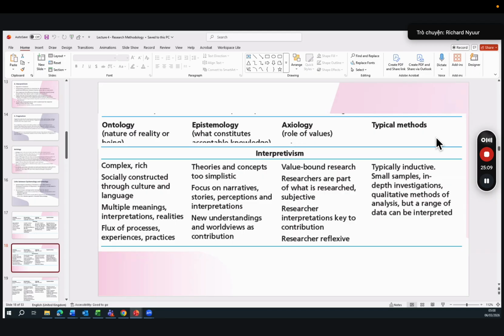And this approach is always reflected in methods such as interviews. It's typically inductive, with small samples. There you can have maybe 10 to 15, or 10 to 20 responses is fine. So interviews, qualitative methods, and the sufficiency or the reliability of the information is determined based on what we call data saturation.